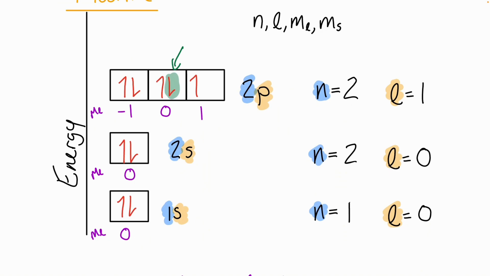All right, so we laid out a good bit of cheat sheet information here. We've established that our principal quantum number at this location is 2. Our angular momentum quantum number, because this is a p orbital, would be 1. My box where this electron is located, my magnetic quantum number, would be 0.